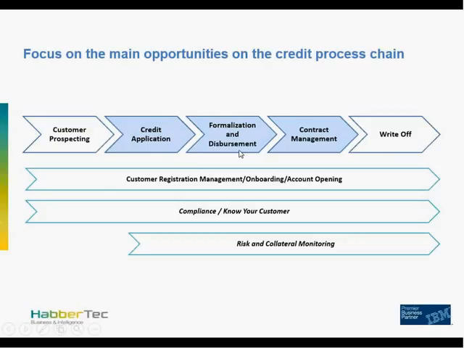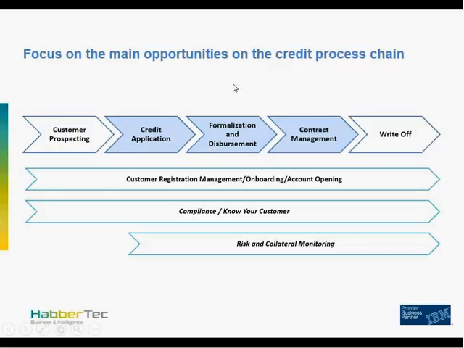Sometimes on the retail bank, or even on corporate or SMEs, the credit is directly related to one operation. So these two processes, credit application and formalization and disbursement, almost happen together. So we deliver one credit limit for a customer, and then it's immediately transformed into an operation. But of course, we can also work with a credit limit where this customer or prospect can do multiple operations in terms of disbursement.